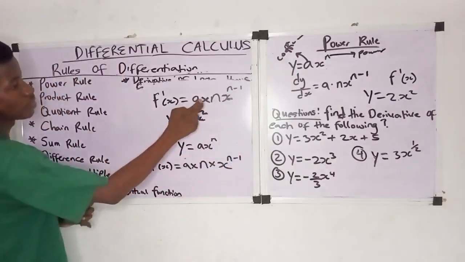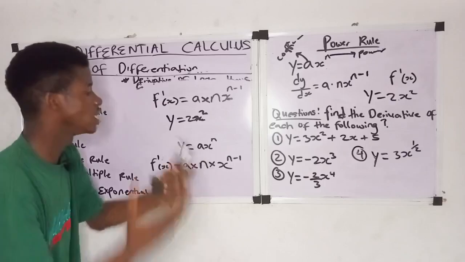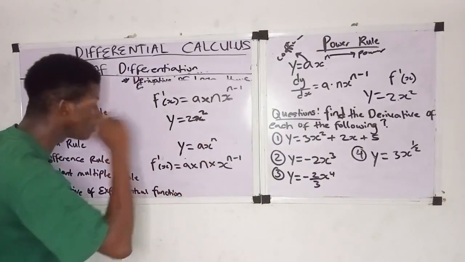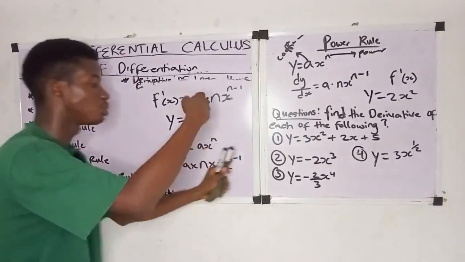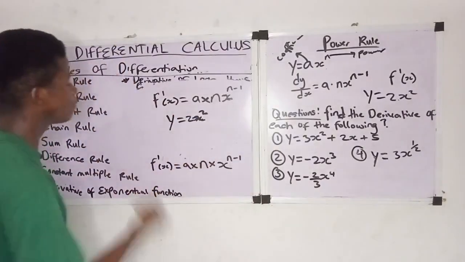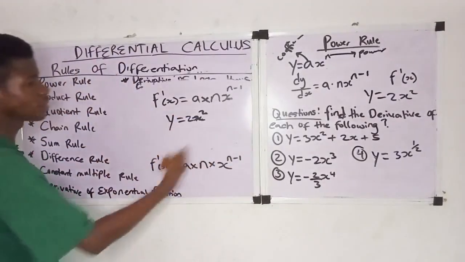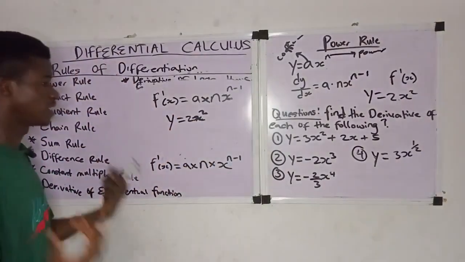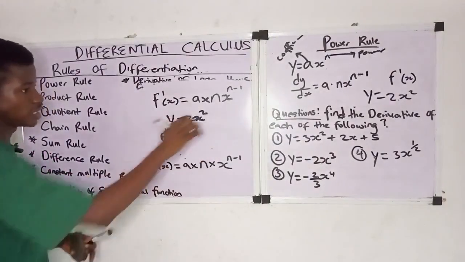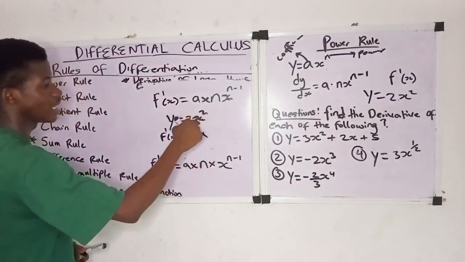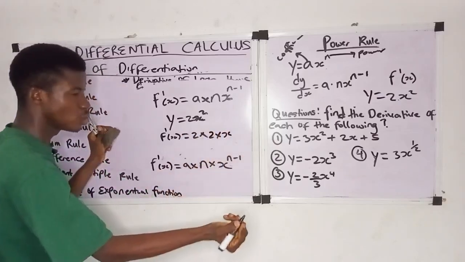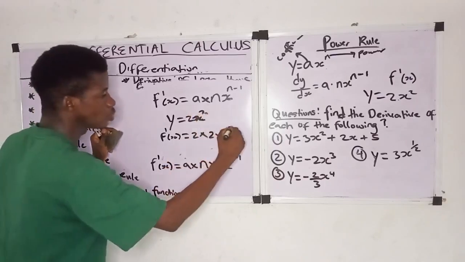So that is what this part is telling us. This is the formula we are going to use. The very first thing to do to solve questions from the power rule is multiply the variable by the power, then subtract 1 from the power. Simple. So if they tell us to find the derivative of y equals 2x squared, we do this: f'(x) equals 2 times, this is the power, we multiply the variable by the power, so 2 times x, then subtract 1 from the power, so 2 minus 1.